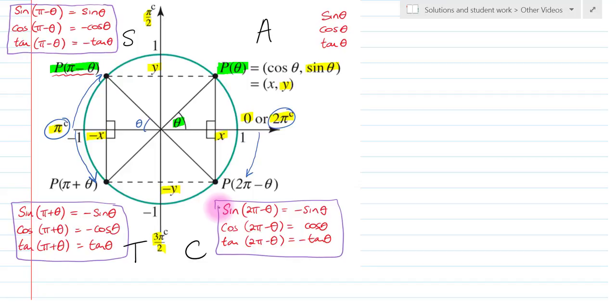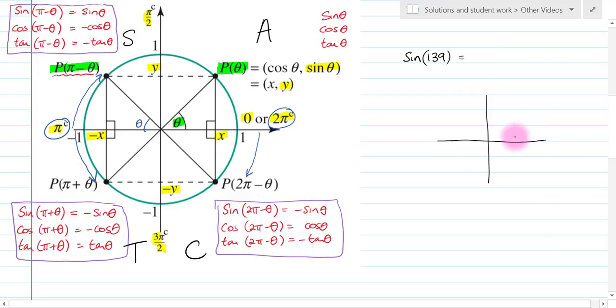For example, if we take the angle sine of 139. Now it's not one of our exact angles, but we know that sine of 139 is equal to, so it's in this second quadrant, so I'll just draw a quick unit circle, and you should be doing this every time. And there's my circle. Sine of 139 is here.